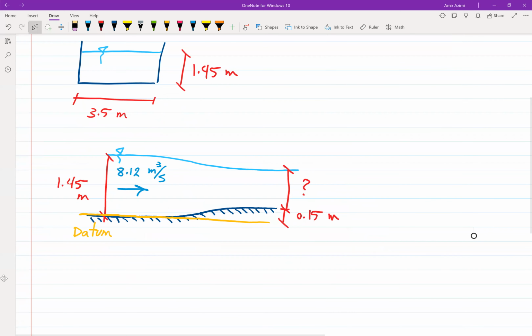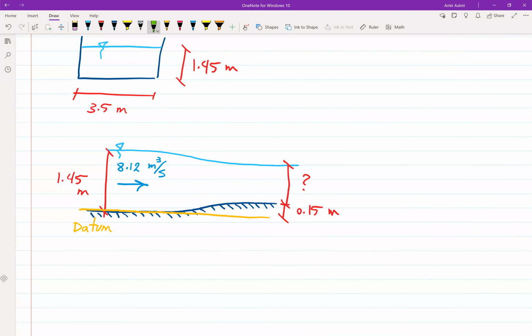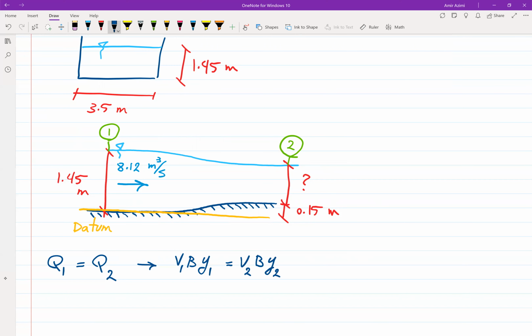So I call this section 1, and then here section 2. And we know that the continuity equation Q1 is equal to Q2. Therefore, in rectangular cross section, we have V1 B Y1 is equal to V2 B Y2.